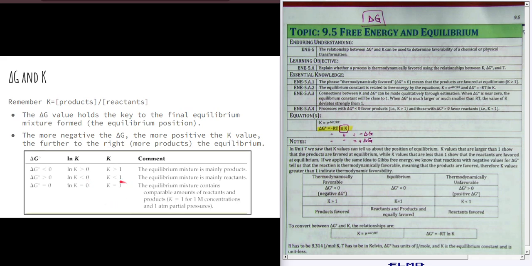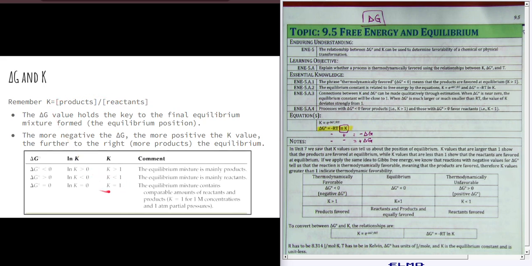And the last one, the scenario that doesn't happen often but can. What do we do when K equals 1? It just happens to work out that the concentrations and or partial pressures or whatever we've got going on all come up to where my numerator and my denominator are the same number, so the K value is 1.